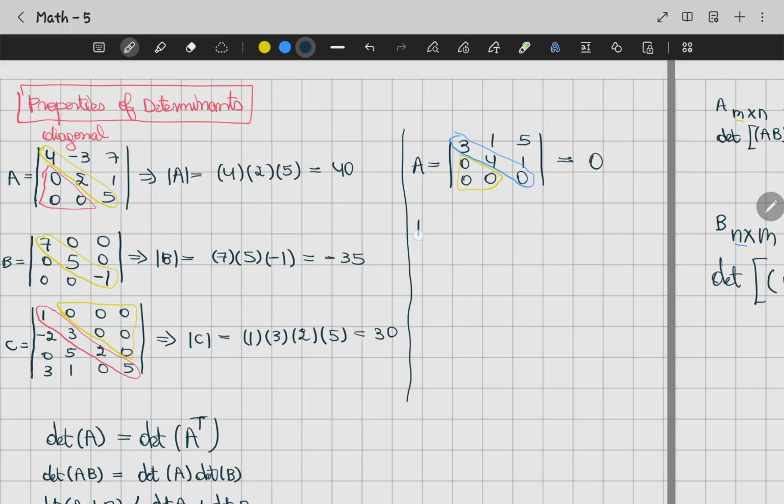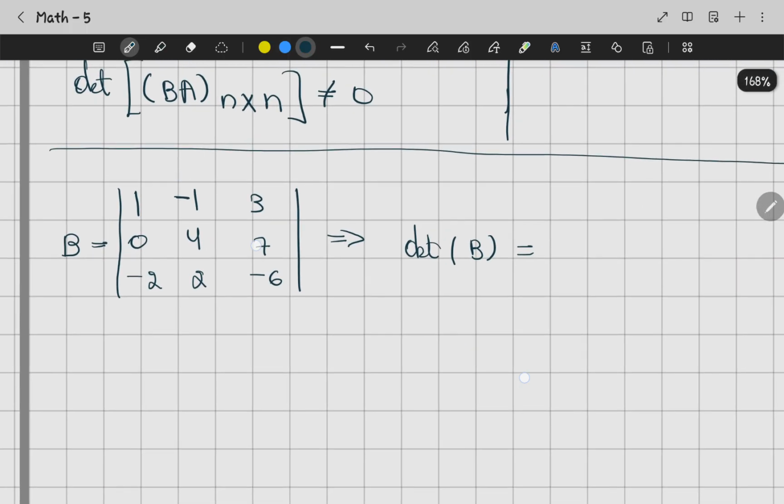Let's go with another example. Let me call it maybe C, D, E. This is E. 5, -3. The answer to this will give you 0, because as you can see, we do have this 0 here. Then we solve it on the diagonal, so it will be 0 times -3, and then 0 times 5, so it will give you 0.